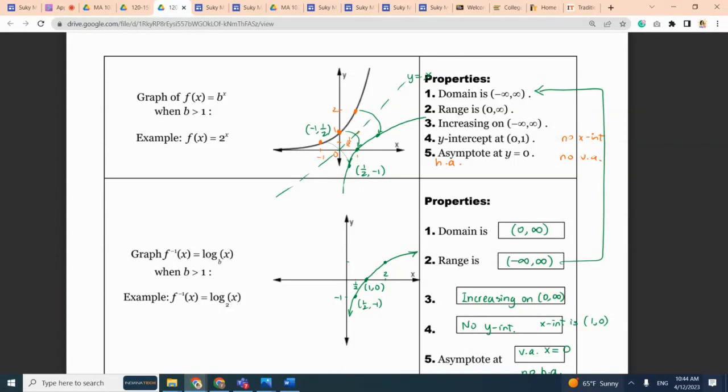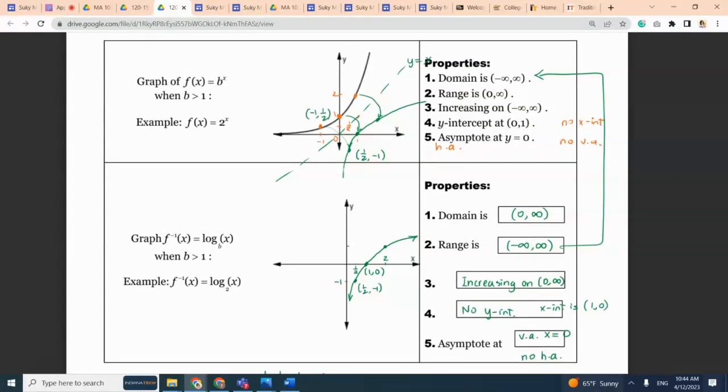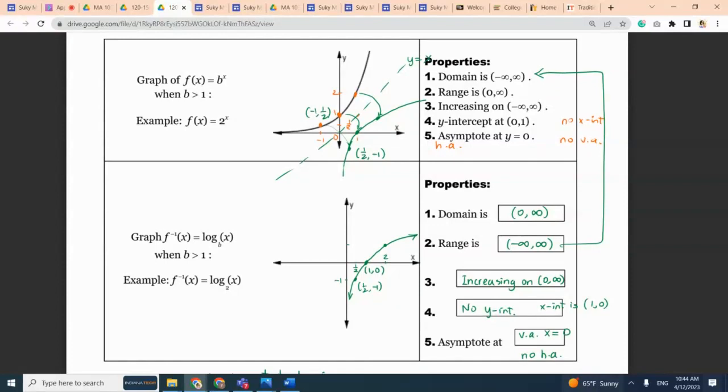Then the mirror image becomes the x-intercept of the logarithmic function. And this point is (1, 0). Okay? And asymptote, we have vertical asymptote. So this is x equal to 0, but we don't have any horizontal asymptotes. Okay, everybody? So if you remember the graph of the exponential function, then you can find the graph of the logarithmic function.